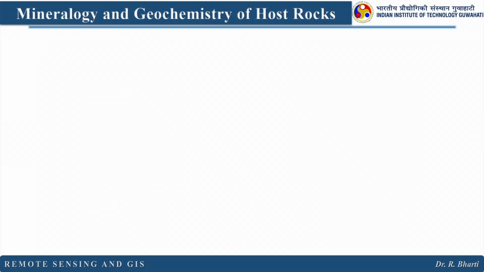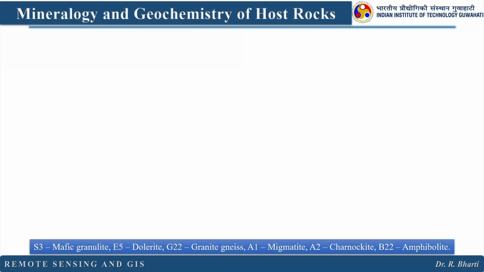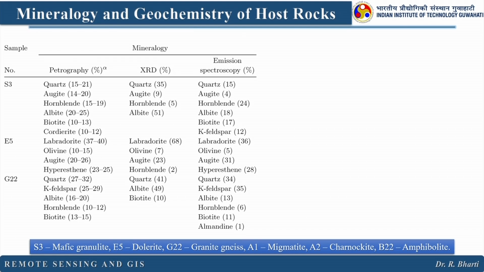Once you have this kind of confidence in your spectral unmixing, then you can produce this kind of tabular data where you can compare the results derived from spectral unmixing and XRD and petrography and other conventional techniques. Here you can see from petrography the quartz is 15 to 21, this is the range of percentage, whereas in XRD it is 35, with emission spectroscopy it is 15%. So, in this case it is matching well with the petrographic result.